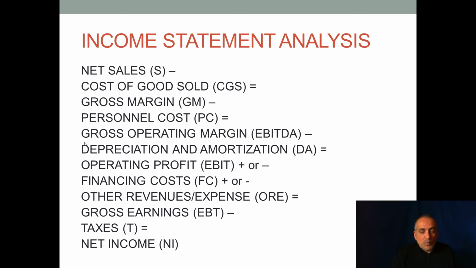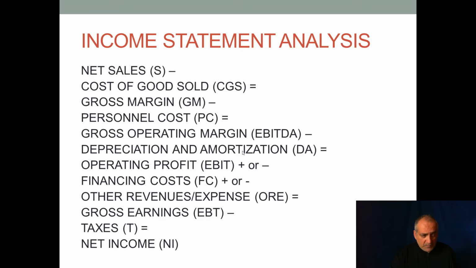So, what are the major values that we can get from an income statement analysis? Well, top line, gross margin, EBITDA, which we know is a proxy for operating cash flow, depreciation and amortization.